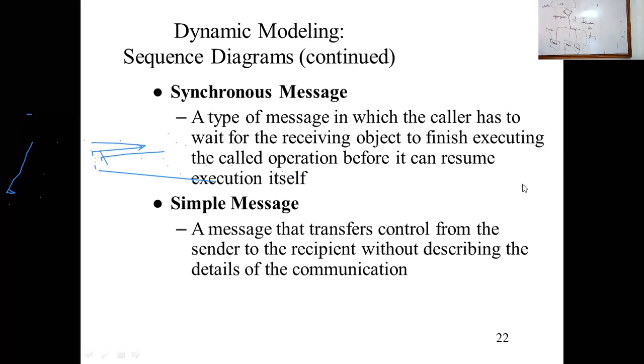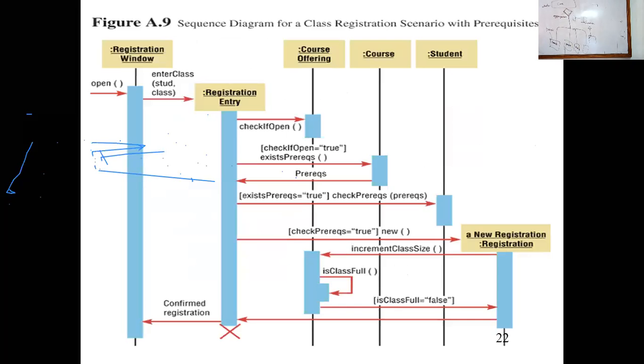A simple message is a message that transfers control from the sender to the recipient without describing the details of the communication. So there may be a synchronous message or a simple message.